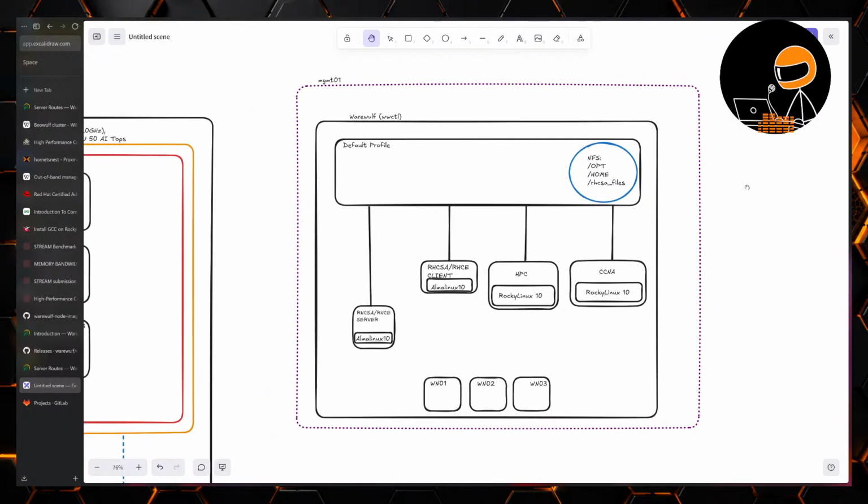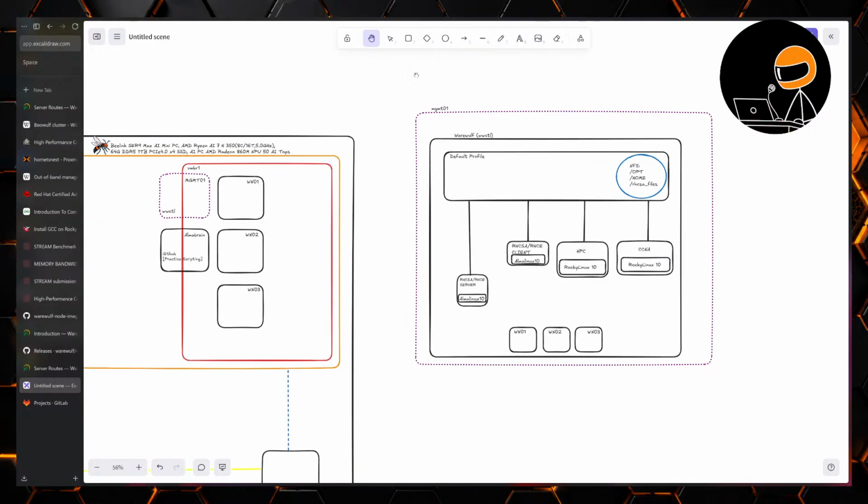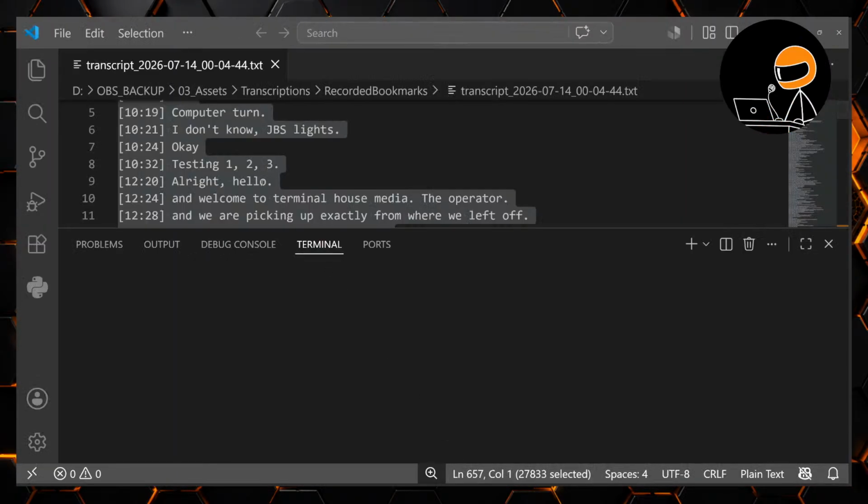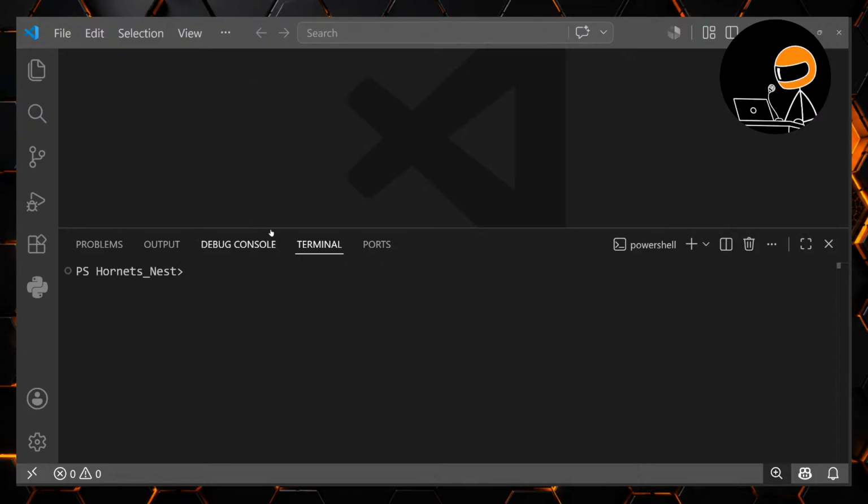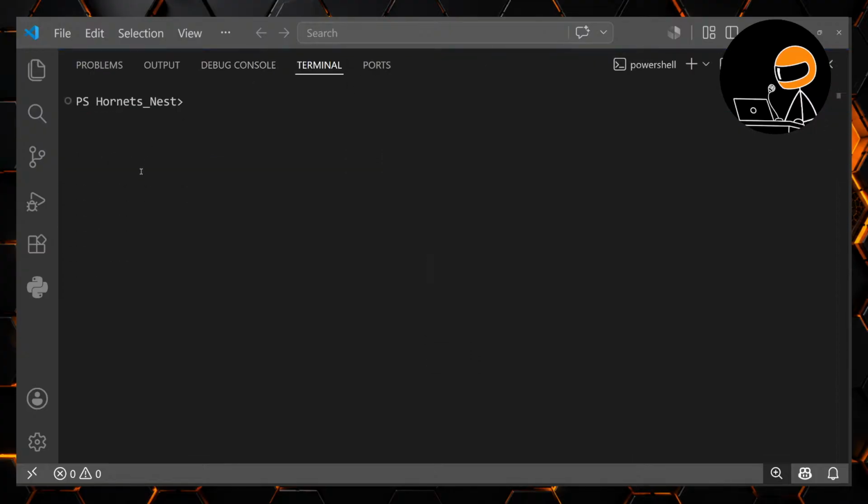All right, now let's see. I'm going to pull up Visual Studio Code. We'll take a look at that for a second while I pull up this NIST information.